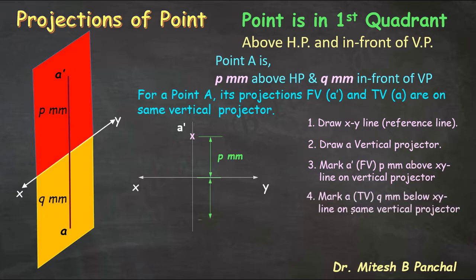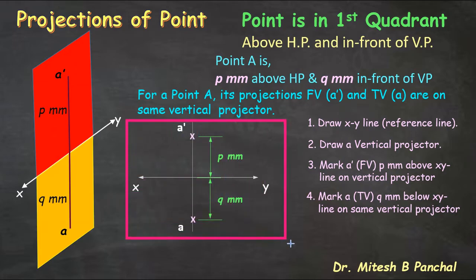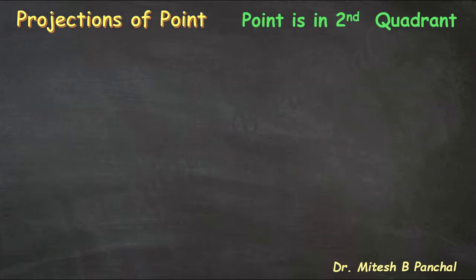So mark the top view a, Q mm below the XY line on the same vertical projector. Here is the final answer when point A is in the first quadrant, that is P mm above HP and Q mm in front of VP.